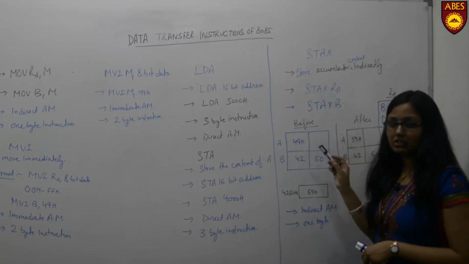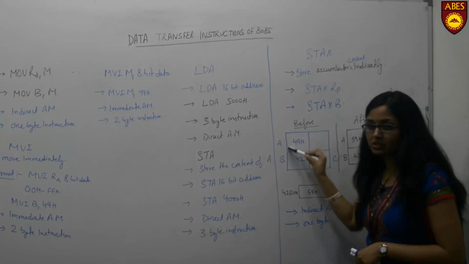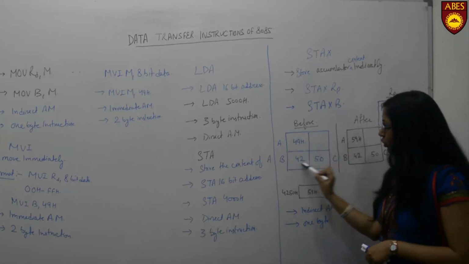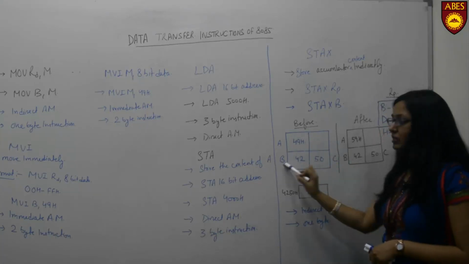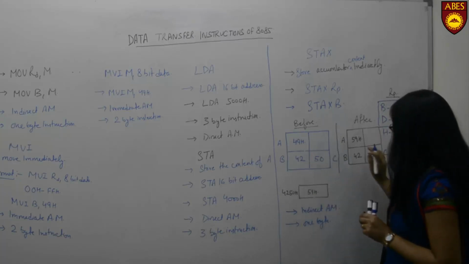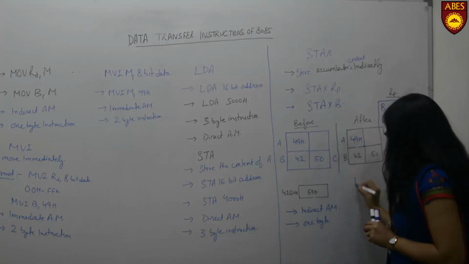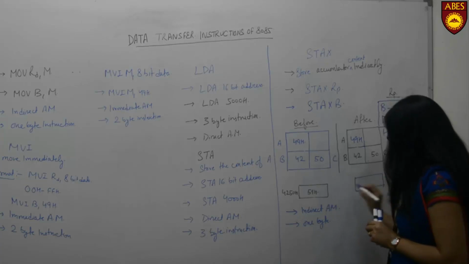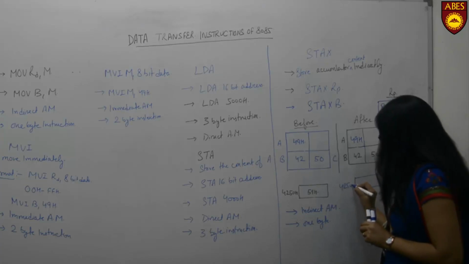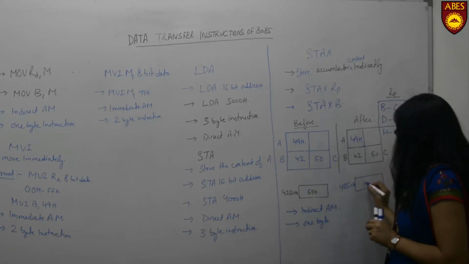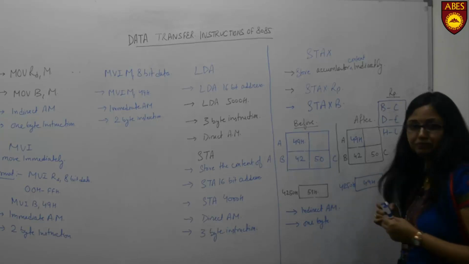This instruction is used to store the content of the accumulator to the memory location which is pointed by BC register pair. After the execution of this instruction, the content of accumulator is the same 49H, but the content of memory location 4250H is changed to 49H.